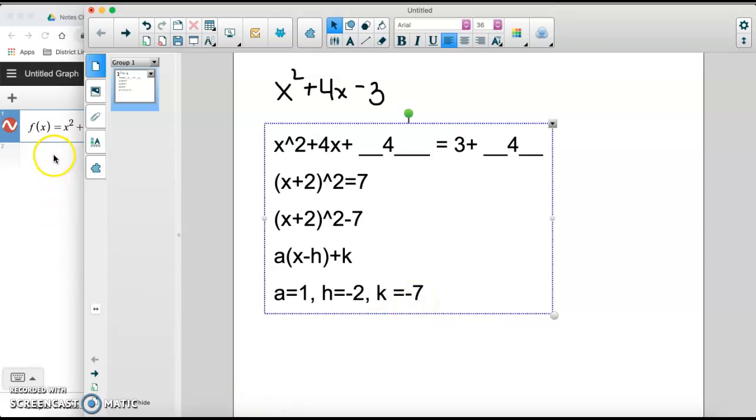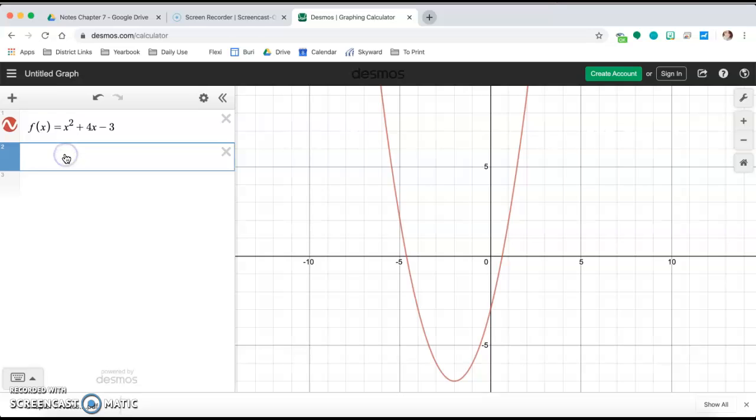So if we jump back here on the graph and put it in that form, if we say f of x equals (x plus 2) squared minus 7, if we did it right, you should see that these graphs line up. So we've written this same equation, just in a different way. These two forms are equivalent.